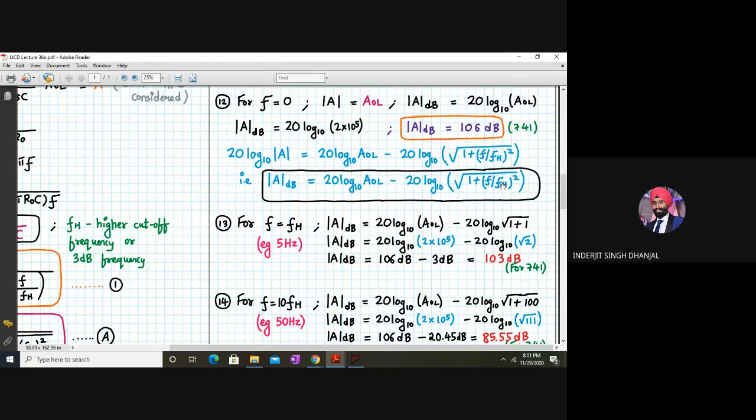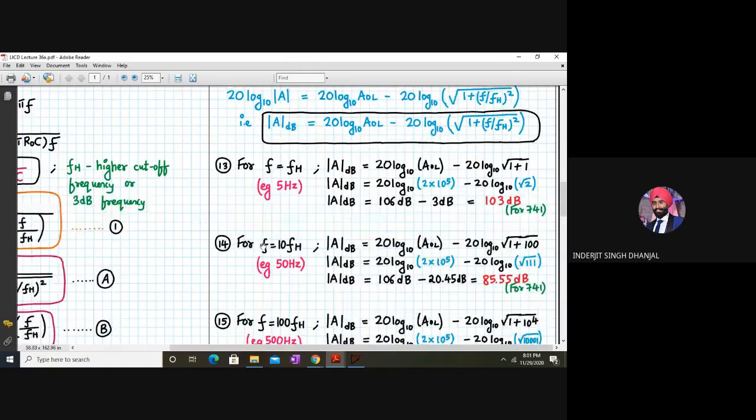Whenever f is equal to fh, it will be square root of 1 plus 1, which is square root of 2, and 20 log to the base 10 square root of 2 is 3 dB. So 106 dB minus 3 dB will give us 103 dB. So at f equal to 5 hertz, that is equal to fh, my gain will be 103 dB.